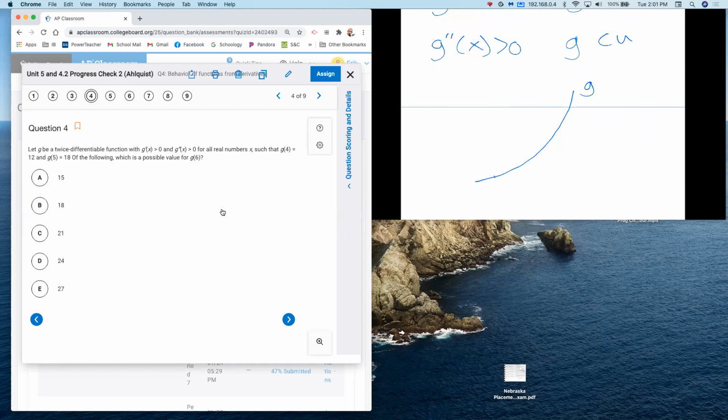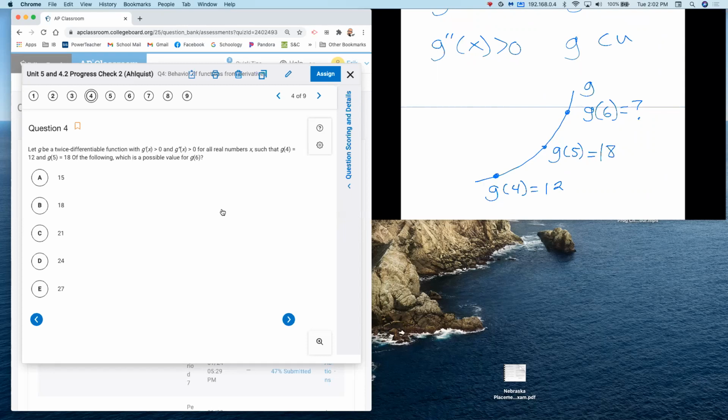We know right here that g of 4 is equal to 12, and g of 5 is equal to 18. We're supposed to figure out what g of 6 is equal to.